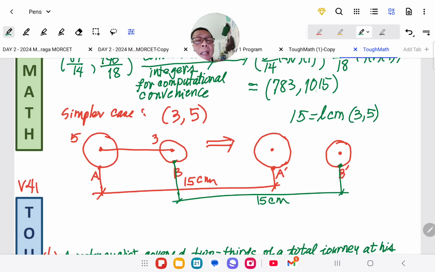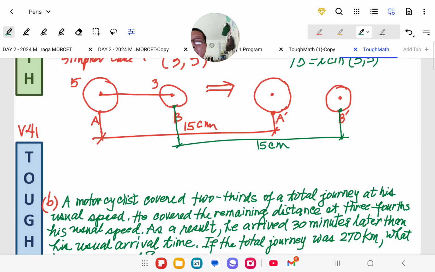Let us take the least common multiple of 783 and 1015. So, that is what we do. LCM.